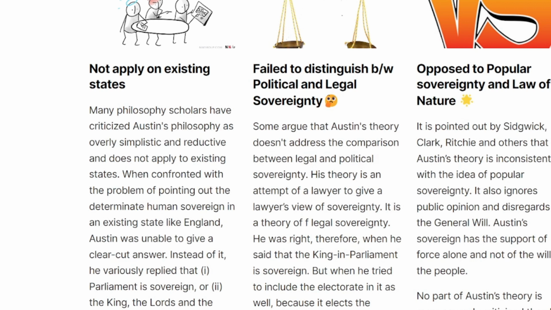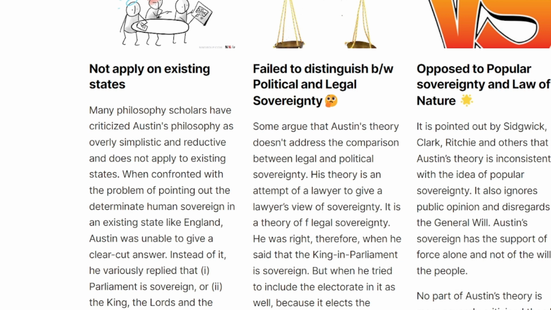The third criticism Austin's theory of sovereignty faced is that the theory is opposed to popular sovereignty and laws of nature. It is pointed out by Sidgwick, Clark, Richard and others that Austin's theory is inconsistent with the idea of popular sovereignty.